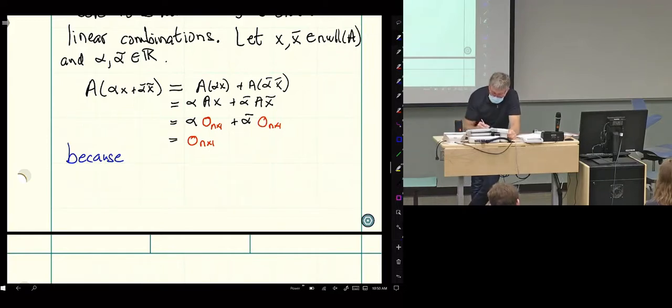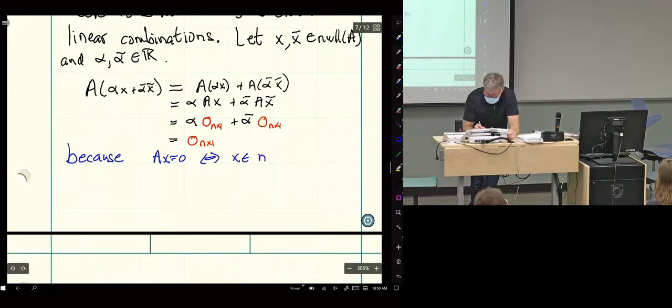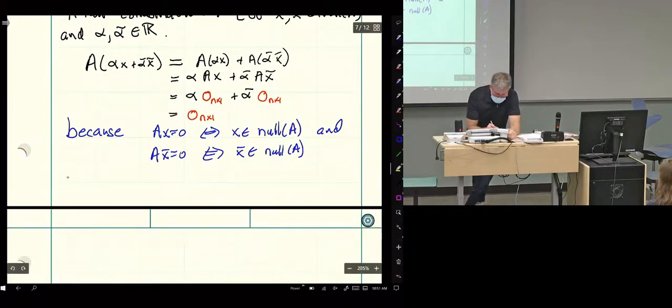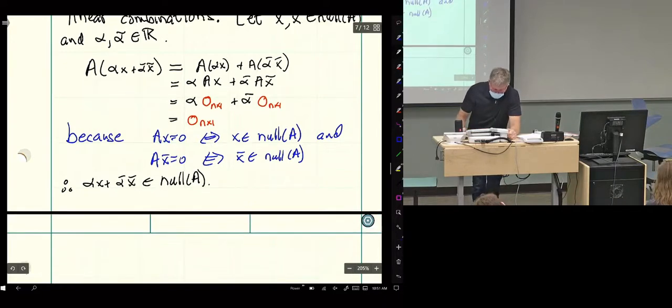And that's simply because by definition, A times X equals 0 if and only if X is in null of A. And A times X bar equals 0 is the definition of X bar in null of A. Okay, and then that means alpha X plus alpha bar X bar is an element of null of A because A applied to them is 0.